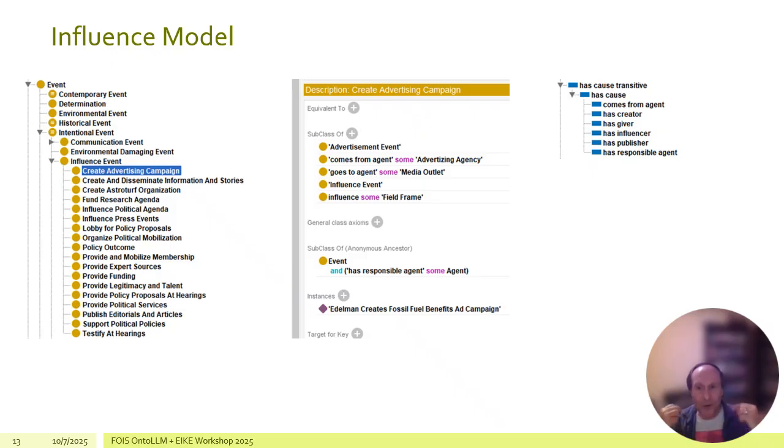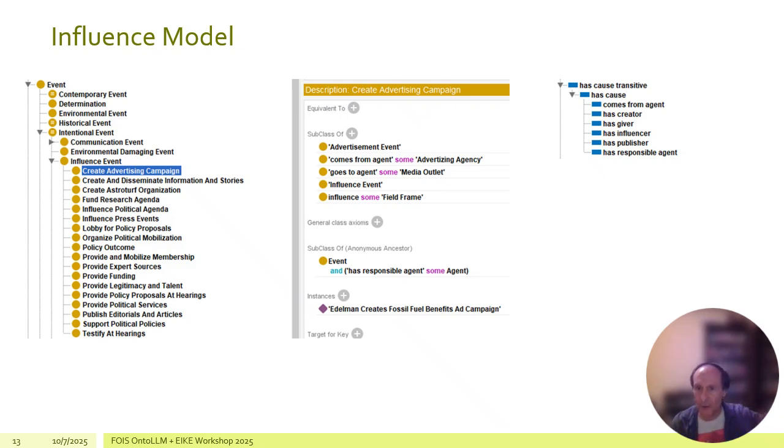In other words, if you want to find, from any specific event, the transitive closure of all the events that were ultimately traced back to that event, you can do that with has cause transitive.